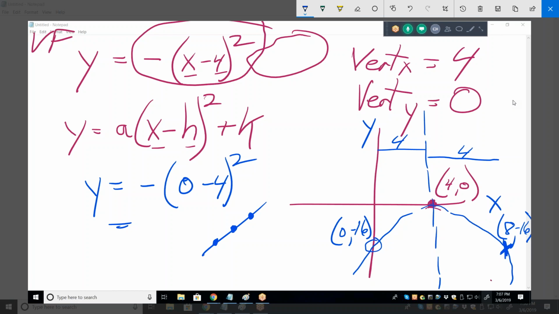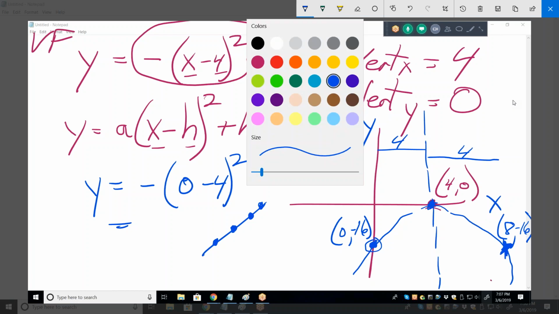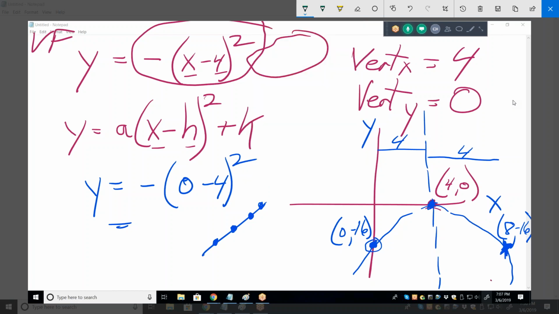Or a fourth point. You don't need anything but 2 points to define a straight line, and for a quadratic or a parabola, you only need 3 points, and we have it. There's 1, there's 2, there's 3. Now, theoretically, we could find this point here, we could find this point down there, and we could find that point there.